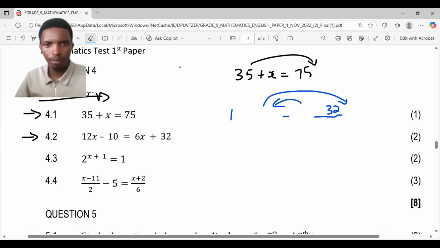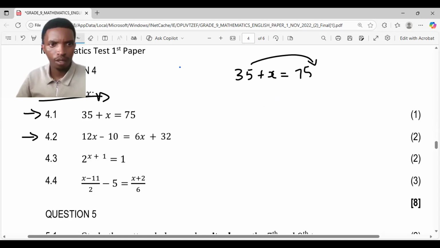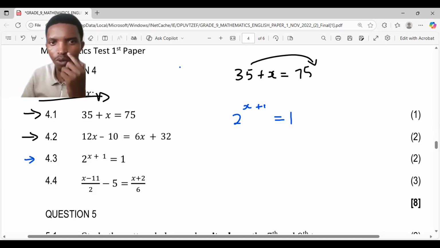And then now coming to 4.3, we have 2 to the exponent of x plus 1 is equals to 1. Remember we said whatever we have as an exponent of 0, we're going to get how much? 1, right?